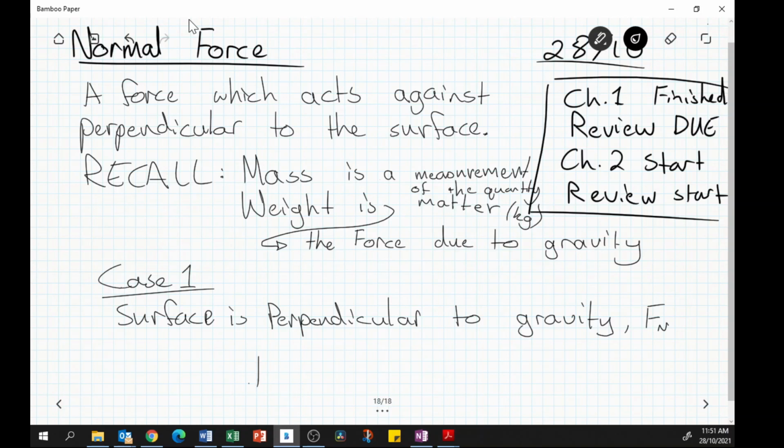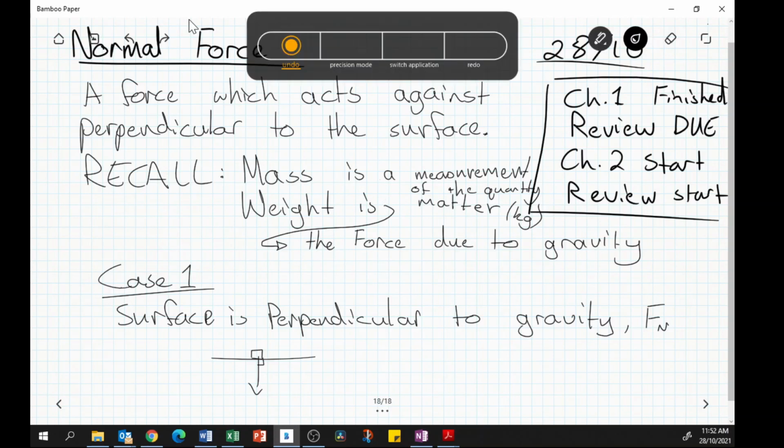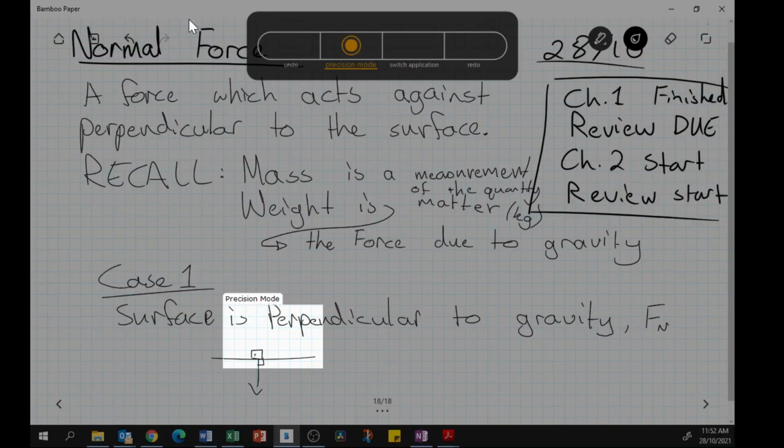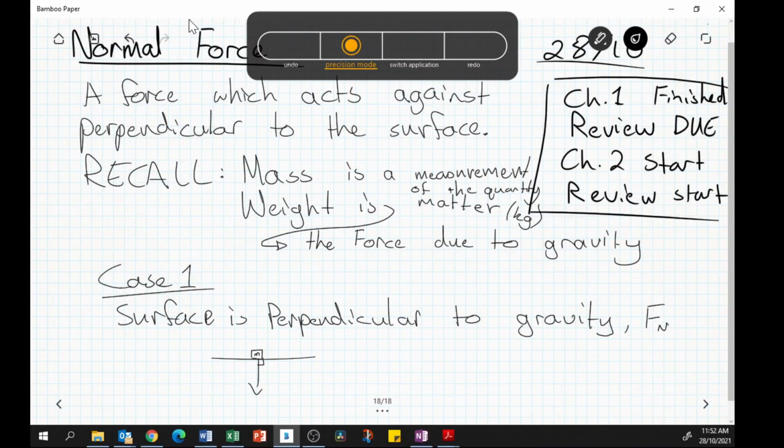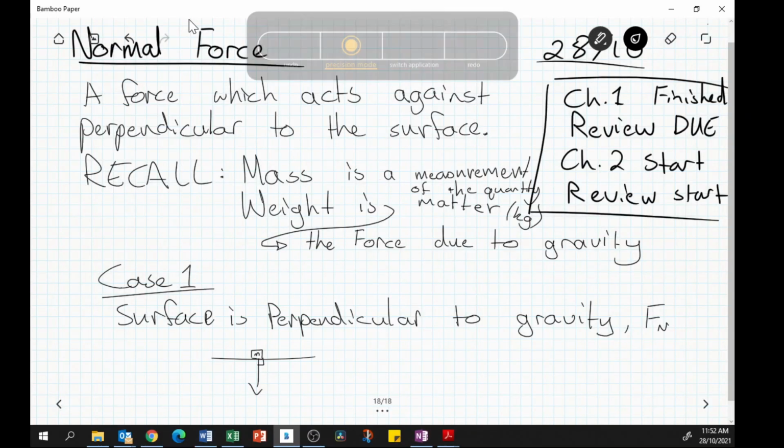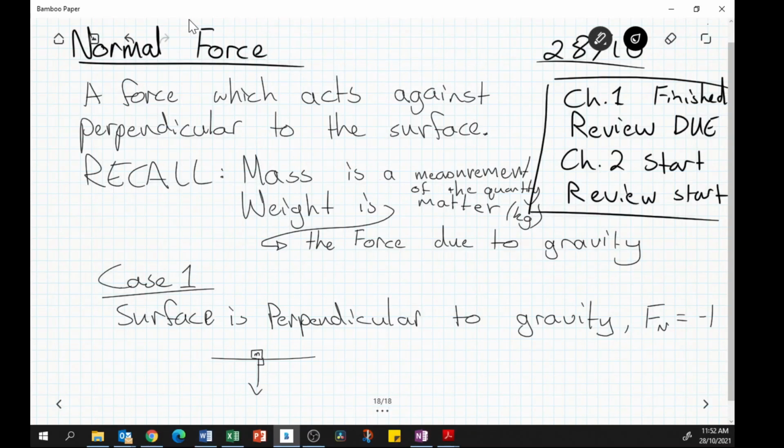So if gravity is acting like that, the surface is at 90 degrees to gravity, okay? Whatever this object is. Some mass there. Surface is perpendicular to gravity. Fn is equal to negative Fg. How cool is that? They're equal and opposite forces.